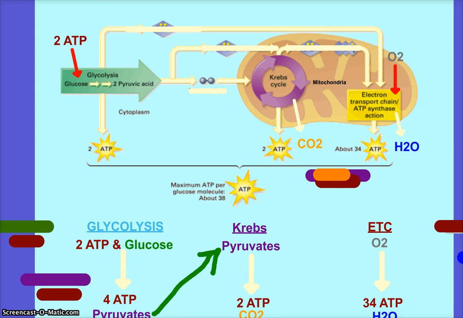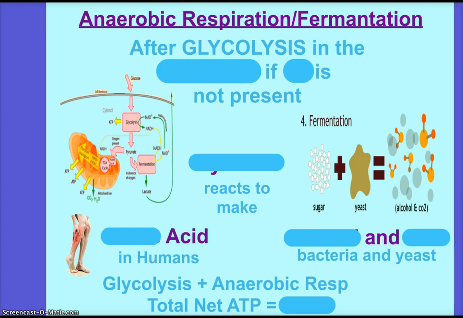Good job. So who could remind me what we talked about happens after glycolysis if oxygen is present? What do we call that? Aerobic respiration. And aerobic respiration has 2 steps. What are they? Krebs and ETC, okay?